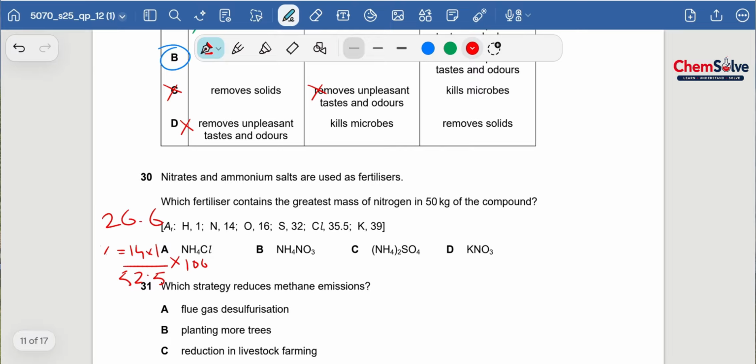Okay, now calculate for B. There are 2 nitrogen here, so we will multiply 14 by 2 divided by the molar mass, that is 80, multiplied by 100. Solve it, and the answer is 35.